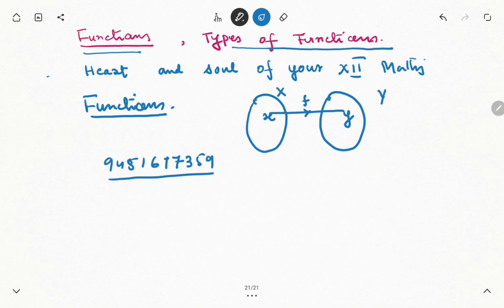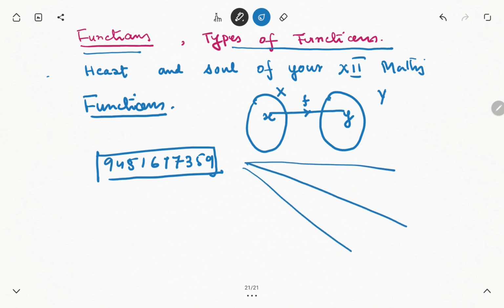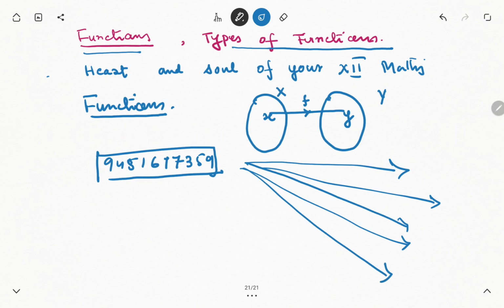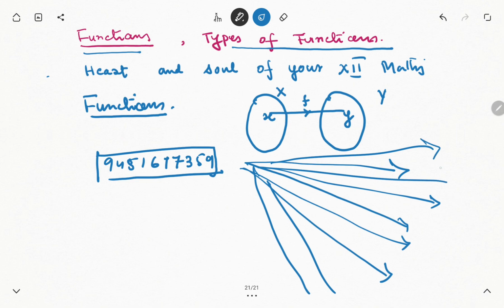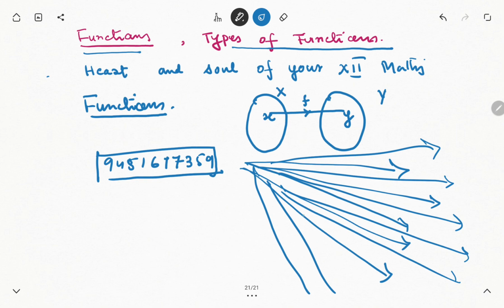So it's a 10 digit phone number. With this phone number, you are connected to n number of people: your friends, your family members, your colleagues, your teachers, your helpers. This is a relation because with this you are connected with so many people.